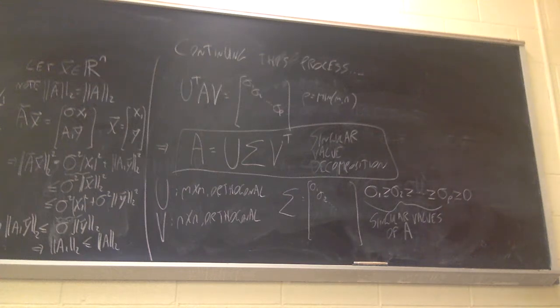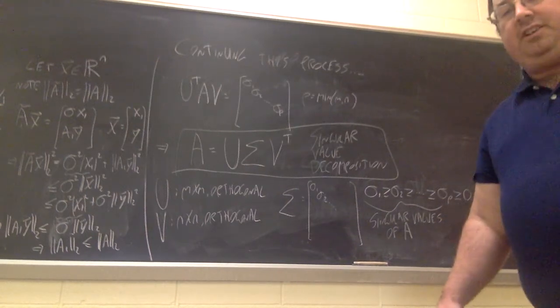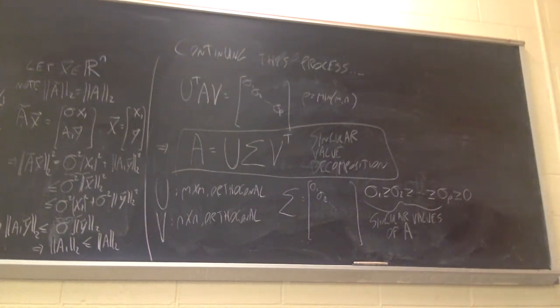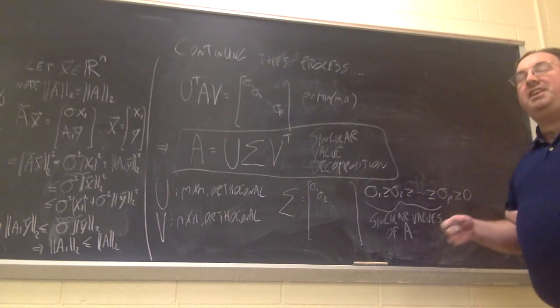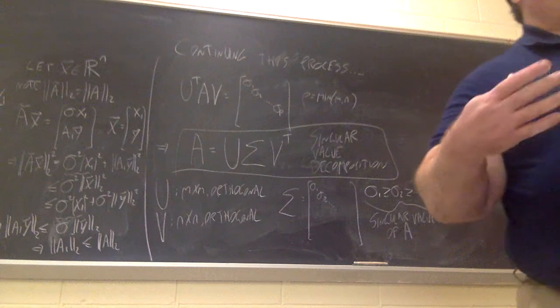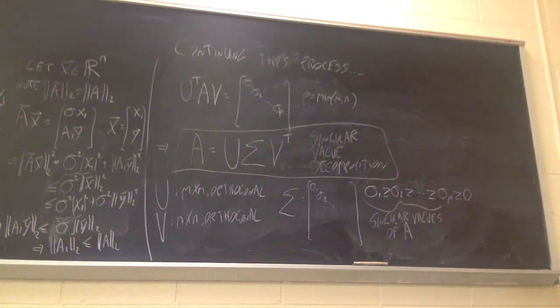But if A is non-singular, has linearly independent columns, a small singular value gives an idea of how close A is in a 2 norm sense to a singular matrix. So if sigma p is particularly small, what you can say is that the matrix A is nearly singular.